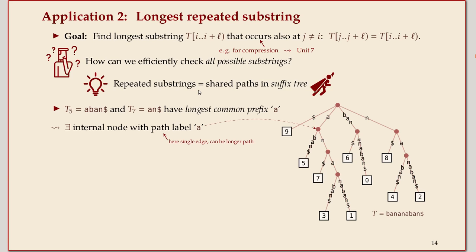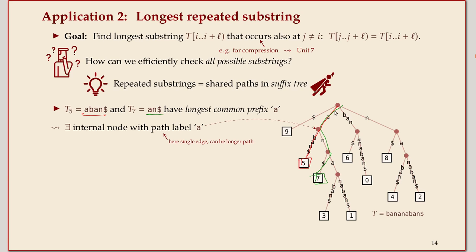So let's see an example in our banana band case. The smallest example here is just the A. So if we look at those two suffixes, their paths, maybe I should use different colors. The aban goes down here, and the an goes down here.